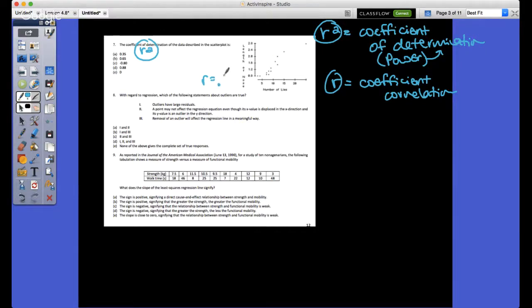I would say my R is anywhere from 0.8 to 0.9-ish because it's really, really tight. So if I squared 0.8, I would get anywhere from between 0.64 to 0.81. So if I looked at this, there's really 2 answers that I could see myself answering. Answer D or answer B.